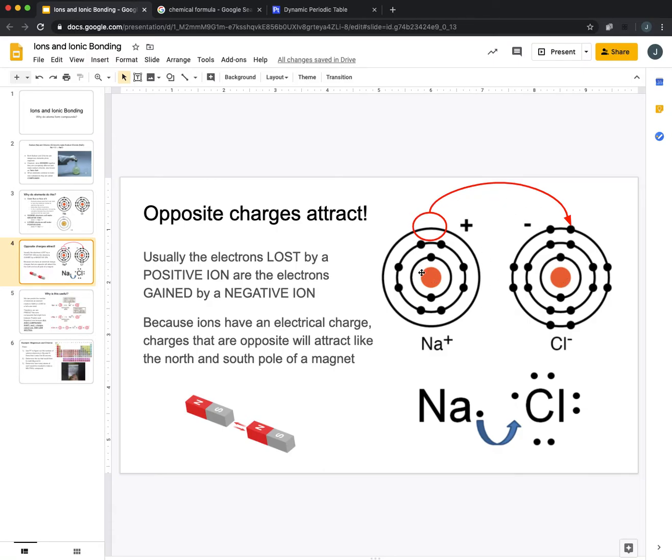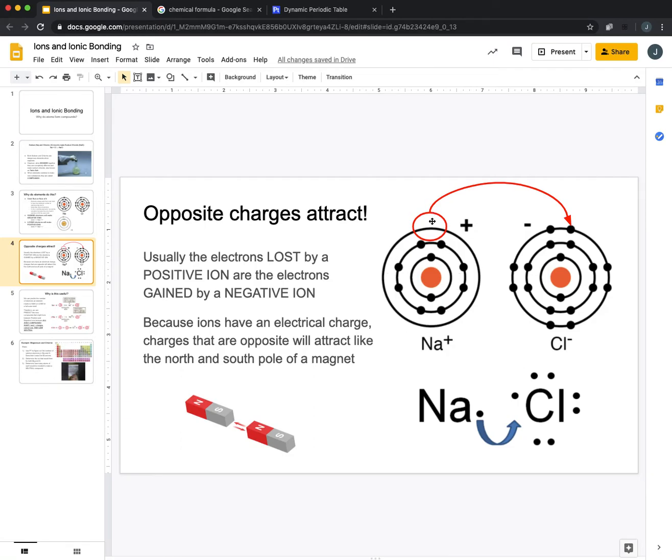So for instance, here we have sodium and chlorine. When we look at their Bohr models, you can see that by getting rid of that one single electron, you're getting rid of this ring entirely, which means that this electron is coming over to the chlorine atom, and by doing that, we have filled in the outer shell of chlorine, and we have gotten rid of the ring for sodium.